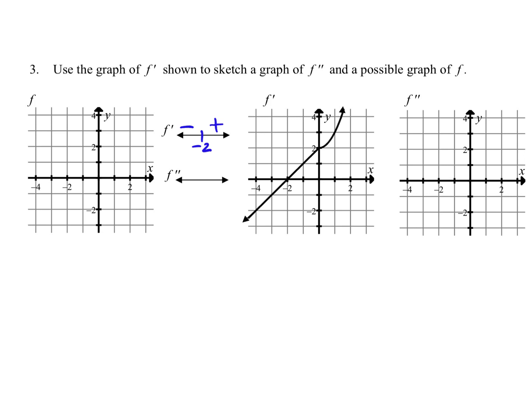So what's true about the function at x equals -2? There's a minimum. Yep, there has to be a minimum, because the first derivative goes from decreasing to increasing, so I'm going to have a minimum there.